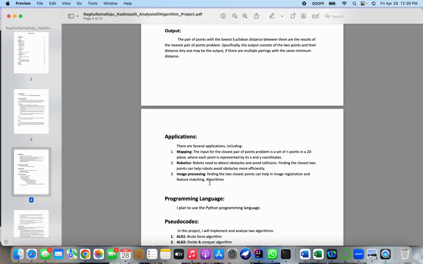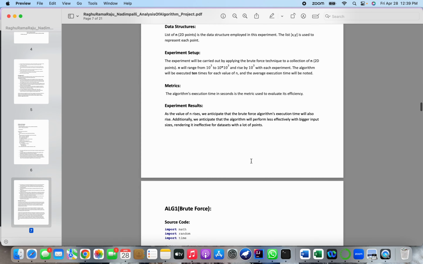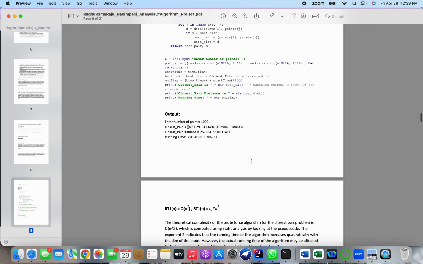In feature matching, it can be used to match key points between two images based on their proximity. In object recognition, it can be used to identify the closest match between an object in an image and a known template. So these are the applications and advantages of the closest pair problem.